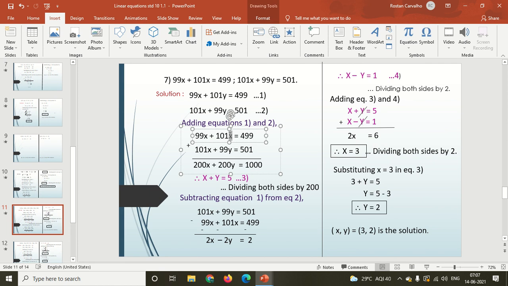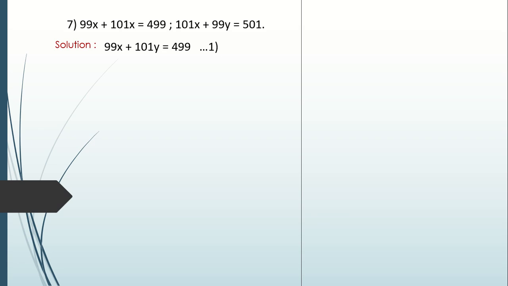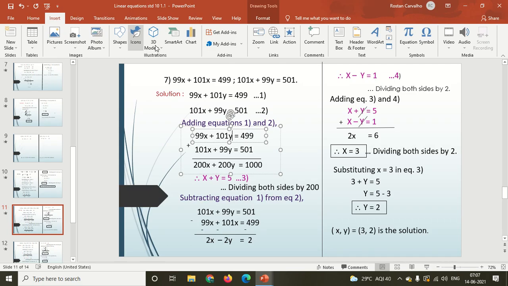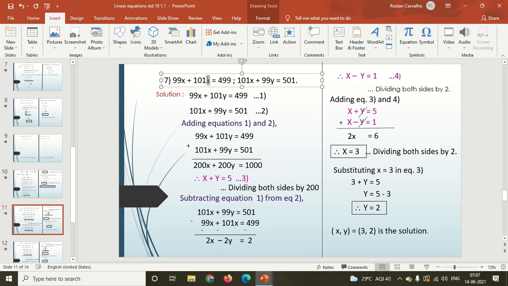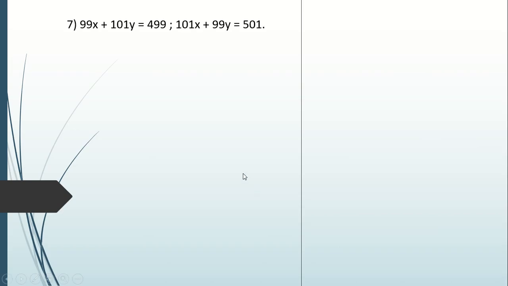The equations are 99x plus 101y is equal to 499 and 101x plus 99y is equal to 501. Okay, so this is the x and this is y. You will see the coefficients are interchanged: 99, 99, 101, 101.